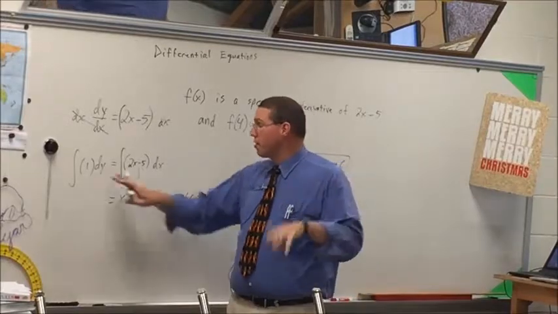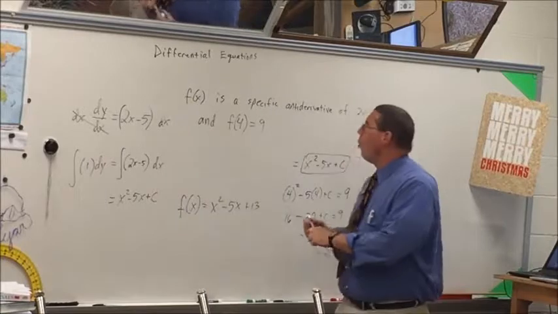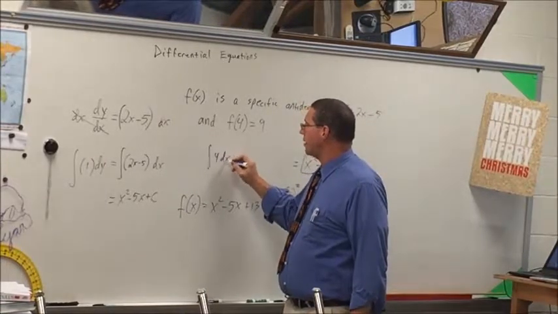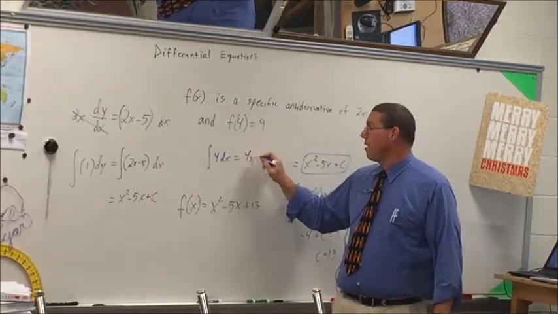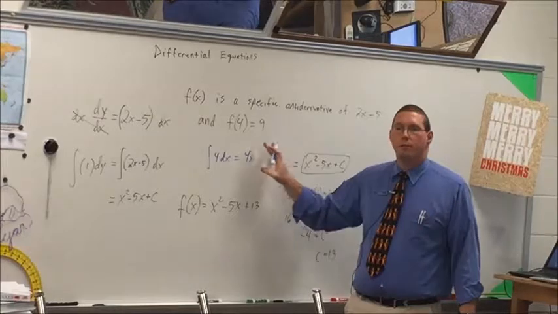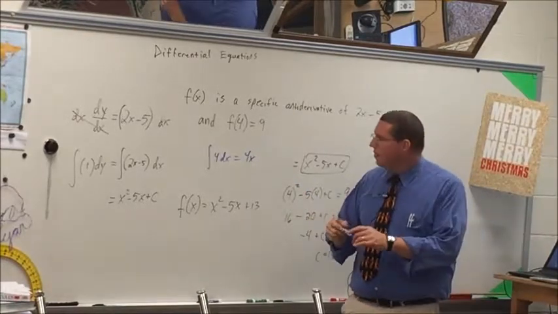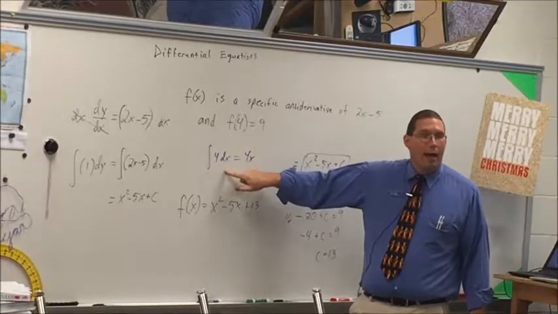Okay, well, let me ask you this. Let's take a break for a second. I'm going to a different color. What is the antiderivative of 4 with respect to x? It's 4x, right? Plus c, but we'll ignore the c for now. So what would the antiderivative of 1 be with respect to y?